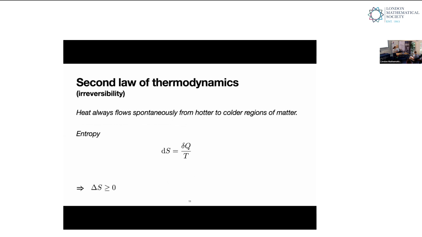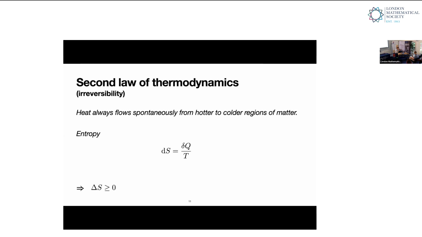And the second law of thermodynamics, as was mentioned before, gives an arrow of time. It tells us processes in nature are irreversible. If we place a hot body next to a cold body, there's going to be a flow of energy. It doesn't mean we cannot go back to the initial state, but if we do so, there's going to be an energetic cost.